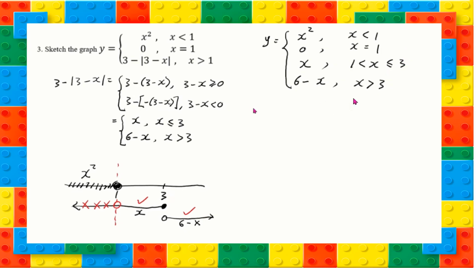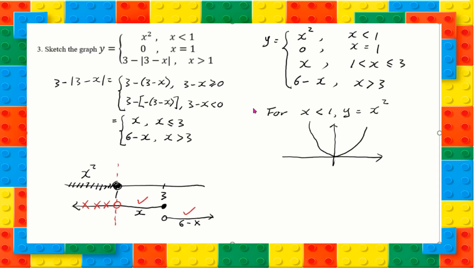Now based on this piecewise function, we can start sketching the graph. We start from the first region, which is x less than 1. When x is less than 1, y is equal to x power 2. So this is a quadratic function and positive, so the shape is a U shape. Then we need to mark the region that we are going to take, that is x less than 1.